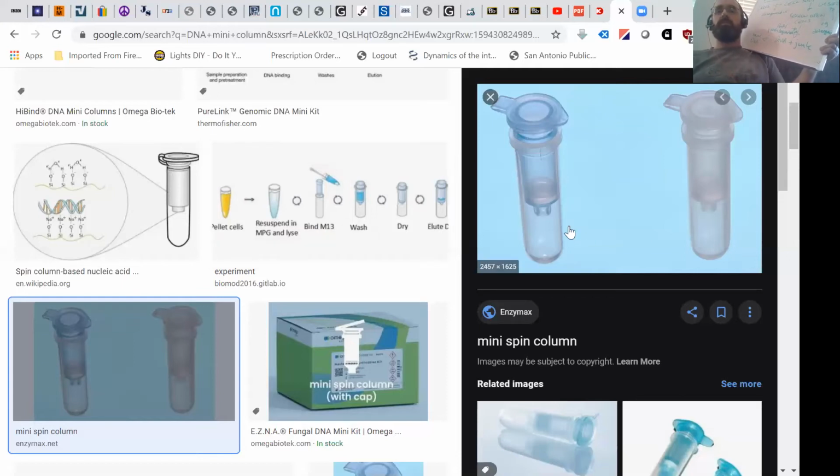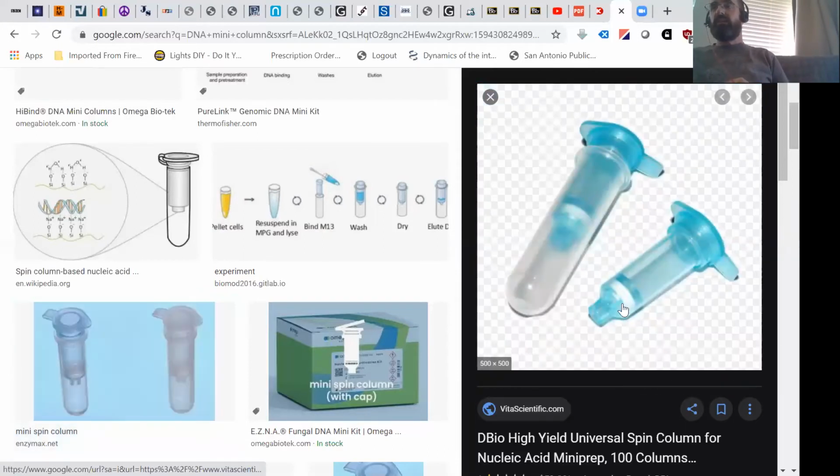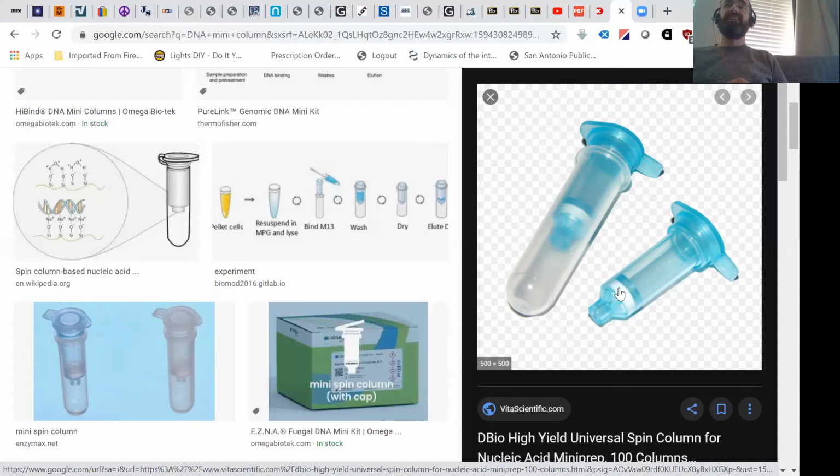And that's what these spin columns are, right? So if you look here, typically you have an outer collection tube, and then you have a smaller tube that goes in that. If you look really closely, actually, this one's a better picture. You see that white solid bit at the bottom of the column? That is a silica mesh, like a filter, essentially.